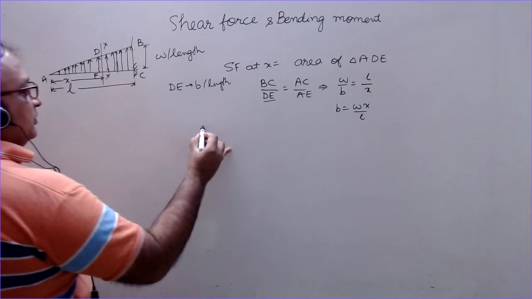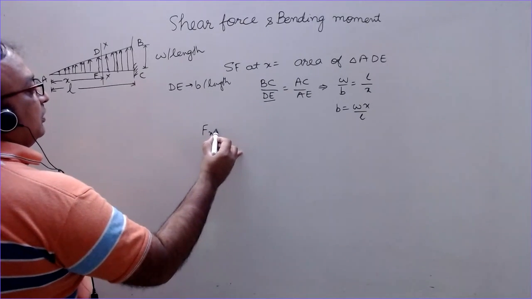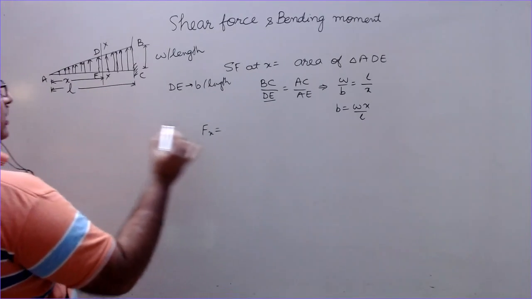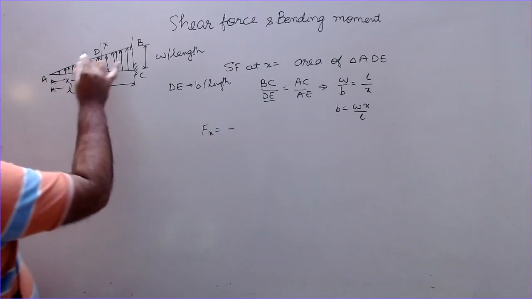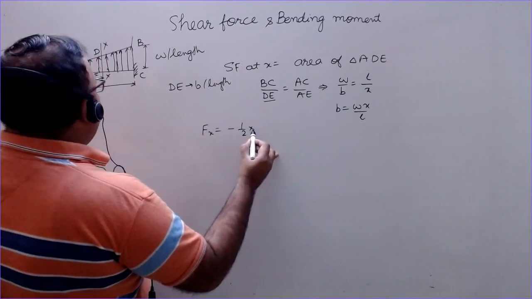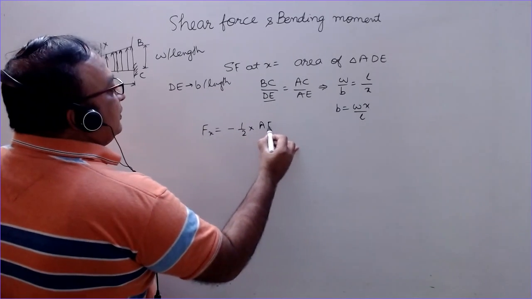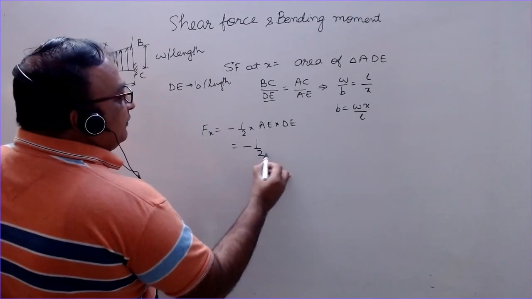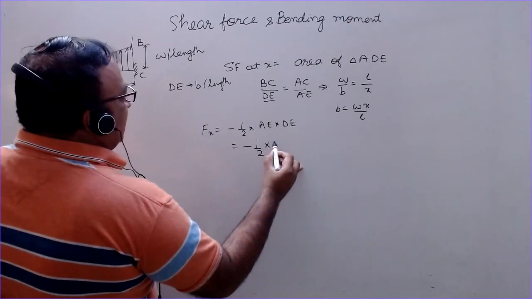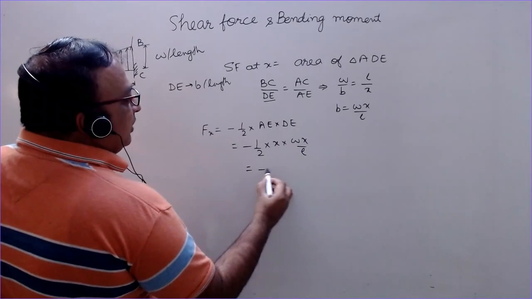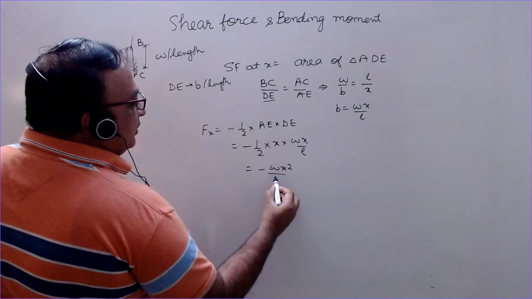So shear force to the left of this section, Fx, at a distance x from here, is minus the area of this triangle ADE, half into base AE into DE. So minus half x into Wx by L, so minus Wx square by 2L.